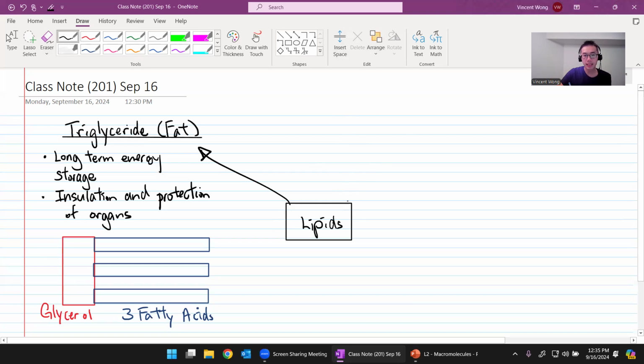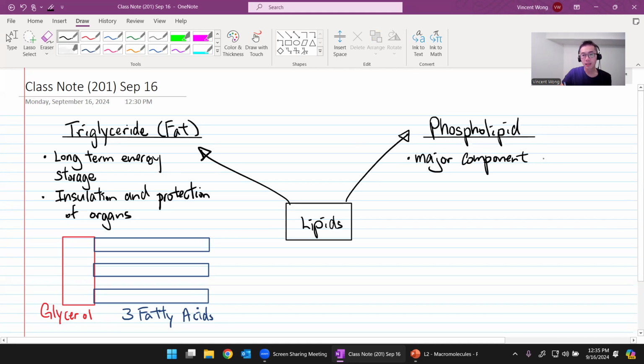Another lipid that we're going to be looking at is phospholipid. Phospholipid is the major component of cell membrane.